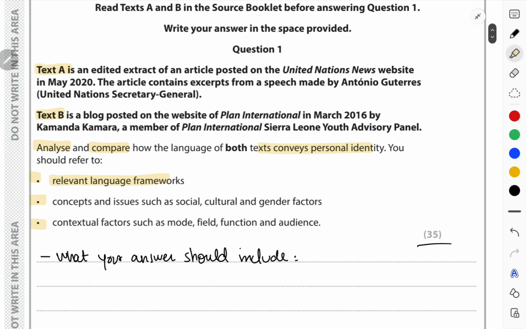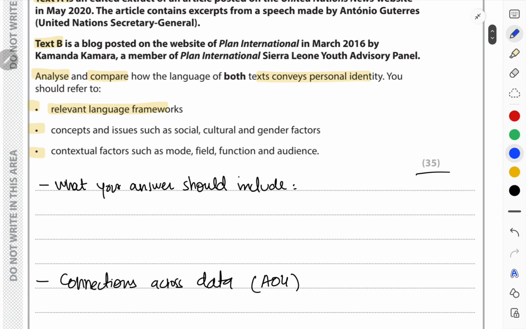If you pay closer attention to your question, it says analyze and compare. So there are two things that should be there in your answer. The first one is analysis of the two texts. There should be a clear evaluative tone in your answer. You read both texts and you see similarities and differences, right? This is what they want: they want you to do comparison.